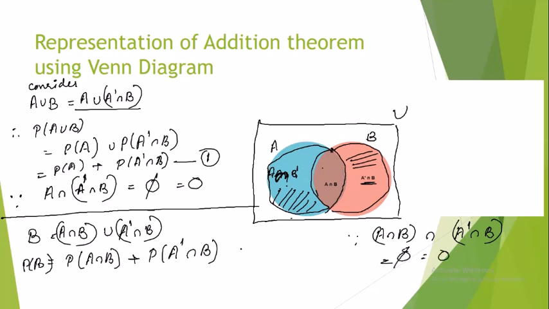Now I'm going to write this as probability of A complement intersection B is equal to probability of B minus probability of A intersection B. I hope this is fine. And I'm going to give this as equation number 2. What I'm going to do is substitute 2 in 1.